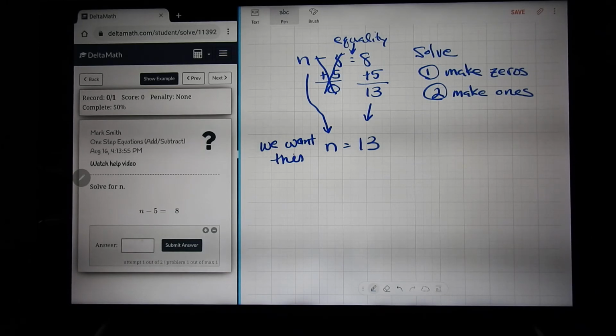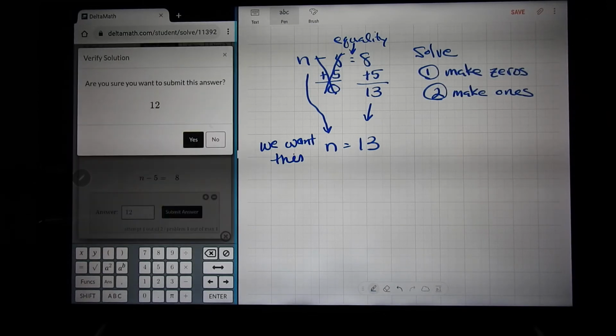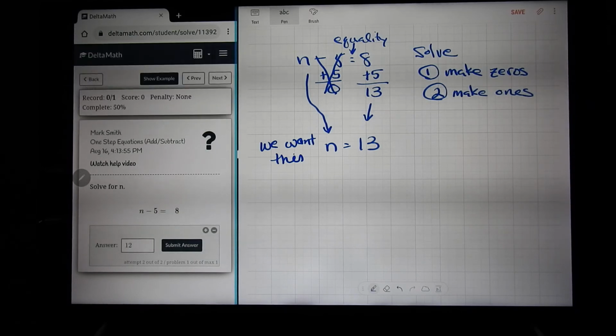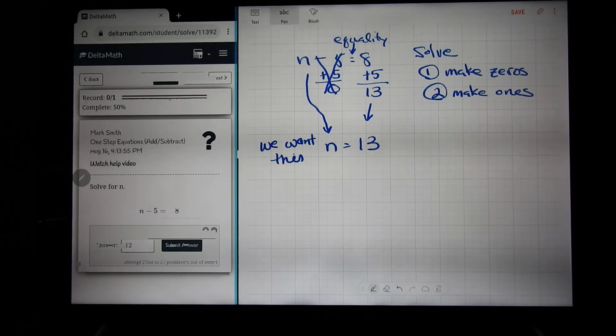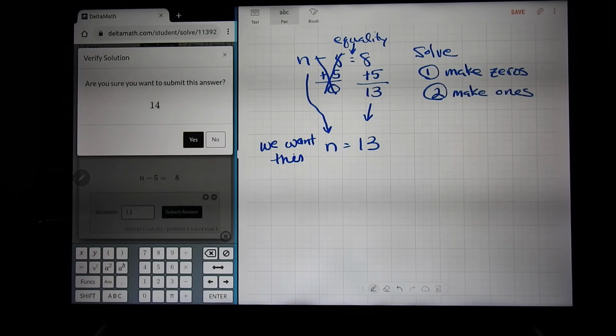All right, so I'm going to put 12 in here, and I'm going to submit this as an answer. Yes, that's right. Suppose I did 8 and 5 equals 12. Okay, you have one attempt remaining. I look over here and go, well, maybe it was 14. So I'm going to submit my answer 14.